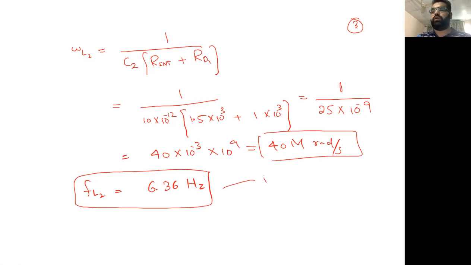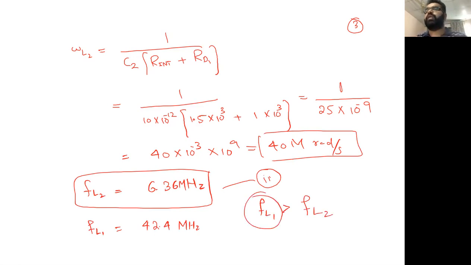So if you recall the first one, FL1 was what? FL1 value was somehow around 42.4 megahertz. Also it's megahertz. So this FL1 is bigger than FL2. That's why FL1 will be the dominating one.